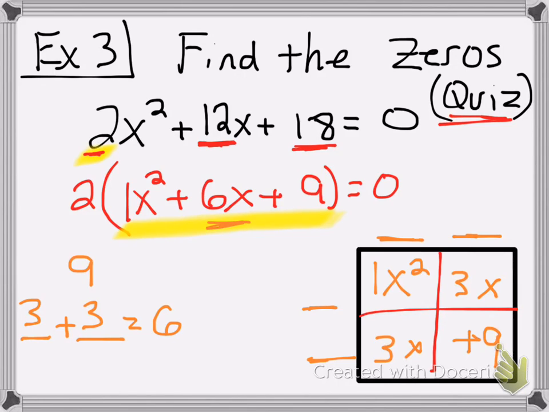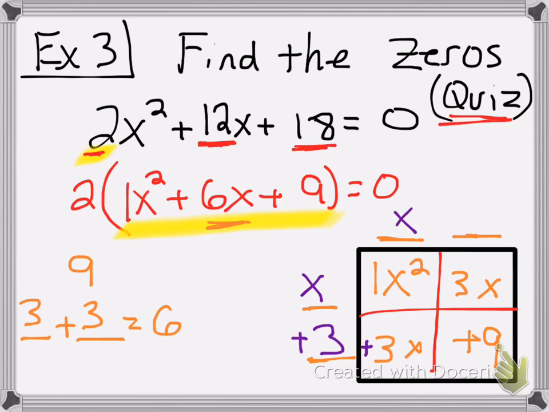Now, I'll go through and find the greatest common factor of my bottom row, which is 3. And the sign's positive here, that's positive here. Greatest common factor of that top row would be x.